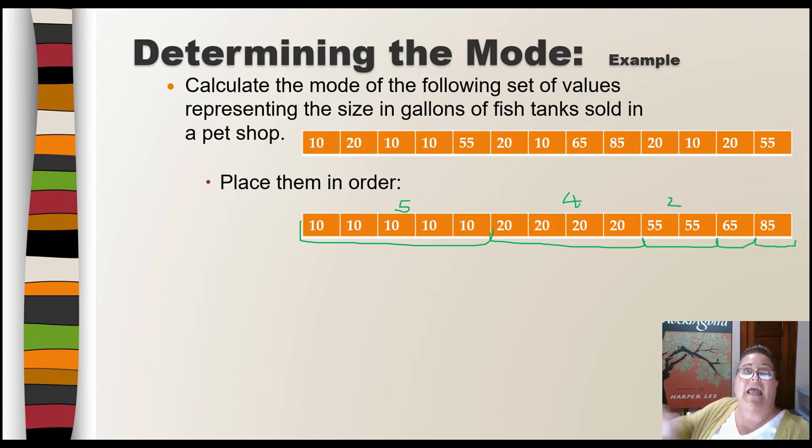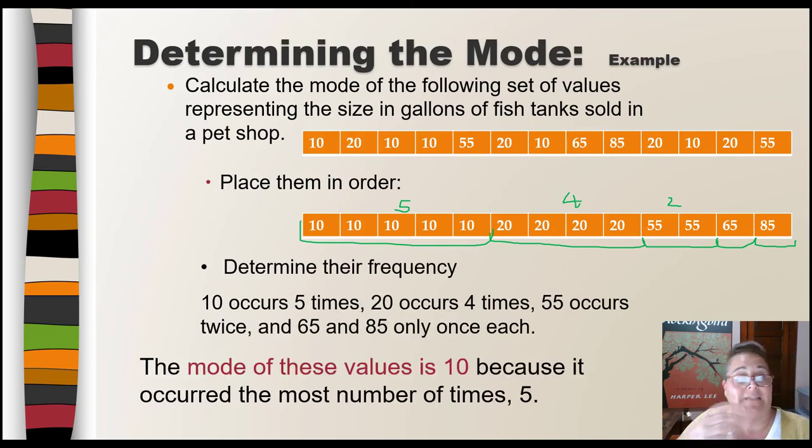So, did any of these data points show up more frequently than the rest? Well, the 10, because it occurs 5 times, occurs more than any of the other data points in this set. So 10 then would be our mode.